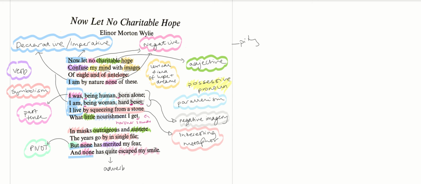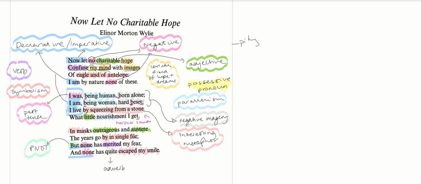But our speaker is using the negative, so she doesn't want these imaginations. She doesn't want her mind to be confused. And just another point, it's interesting that she uses the possessive, my mind. So it seems like our speaker is quite in control with the imperative and the possessive pronouns there.